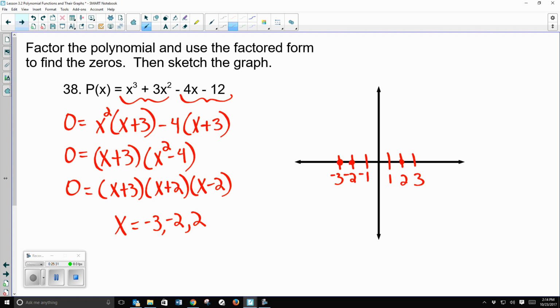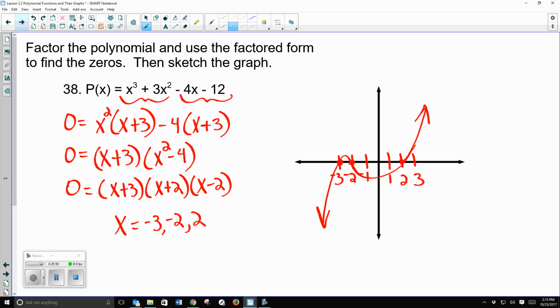What is the beginning and ending behavior? I should have picked some other problems where they have different behaviors. I'm doing this again, right? And they all pass through. And there's my graph. I really don't know how far to go.